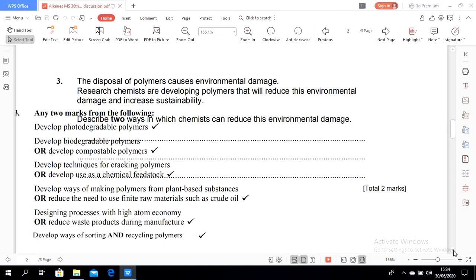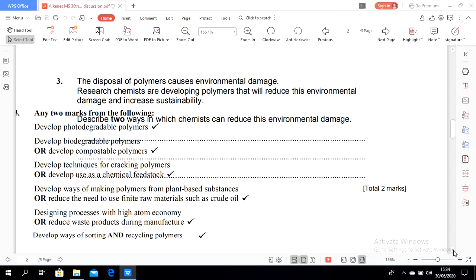There are many methods to reduce the environmental damage. One is using photodegradable polymers. Of course, right now there is a plastic bag which is easy to degrade, biodegradable, or easy to decompose.